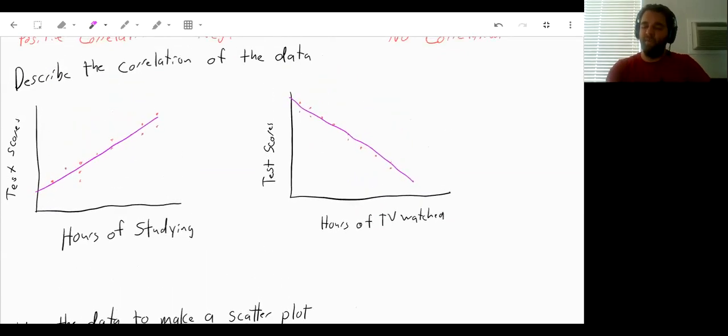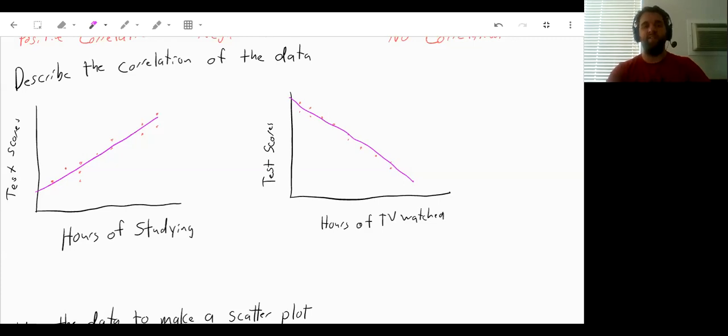I would also be remiss not to say that in every stats class, one of the main lessons is the understanding that correlation does not mean causation. Just because two things are correlated does not mean that one thing causes the other. For example, just because you decrease the amount of time you watch TV doesn't necessarily mean you'll do better on your test, because you might not have actually studied.